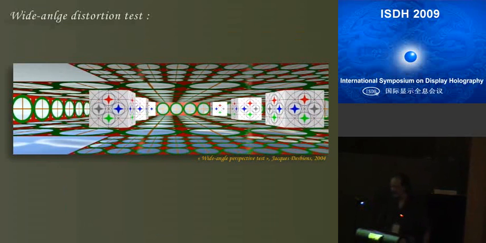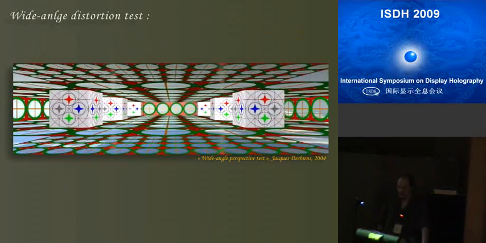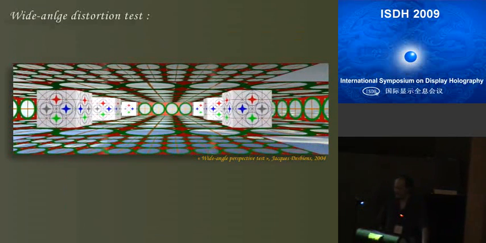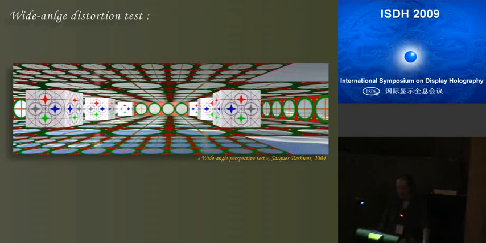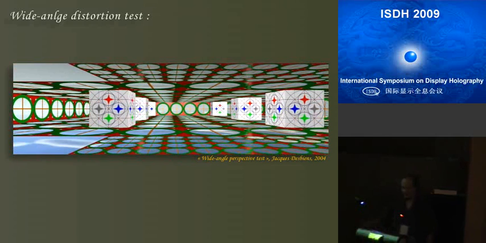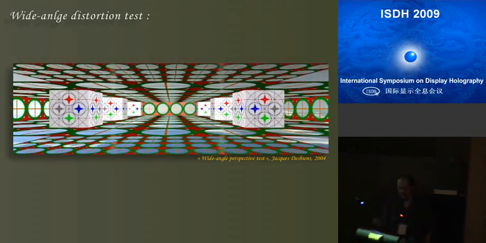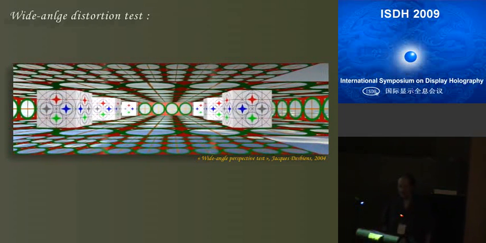So obviously I had to make a test. So I designed a hologram of a perspective system, frontal, and I printed it on glass, the same as the distortion hologram that I showed the other day, and started measuring all sorts of things.